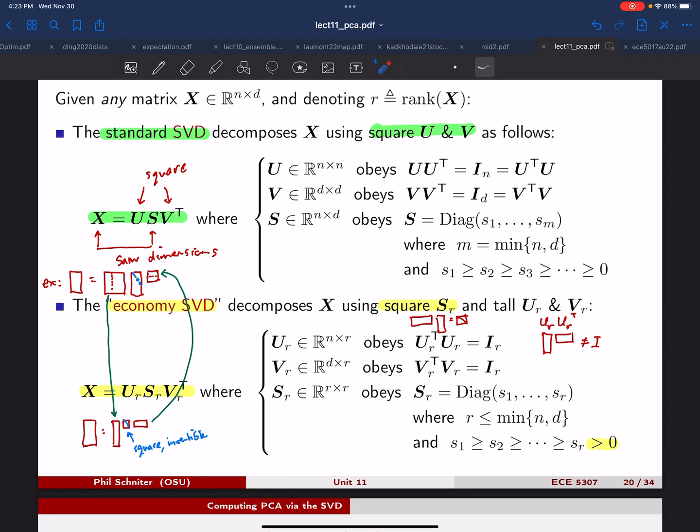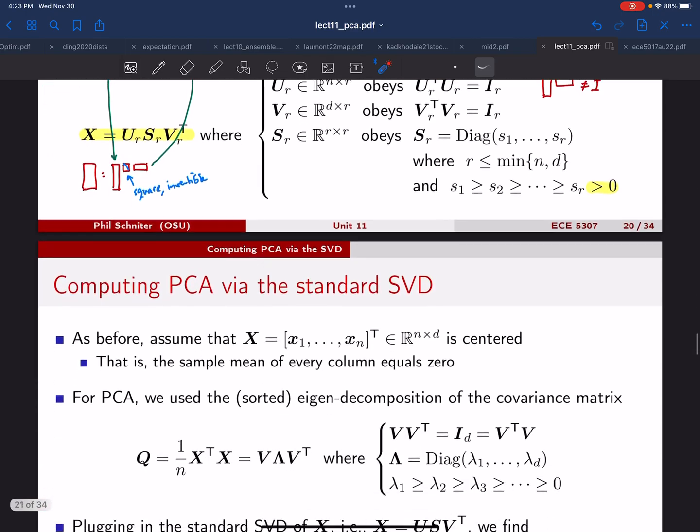And then what we'll do next is we'll show how we can use the SVD to compute the quantities we need for PCA. Are there any questions about SVD? Okay, so again, very, very useful transformation.